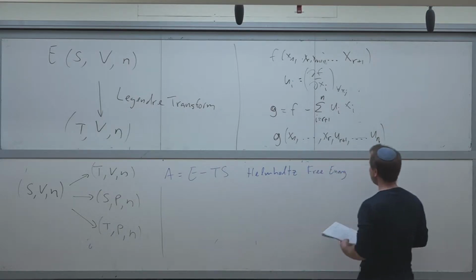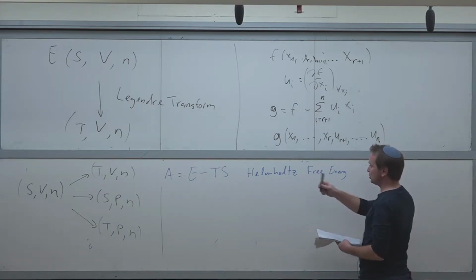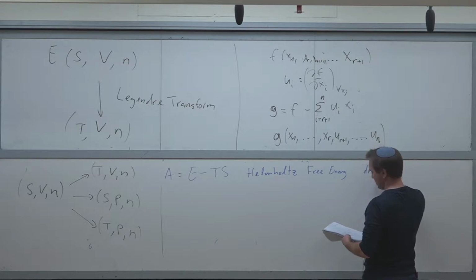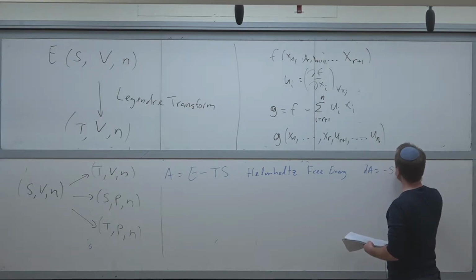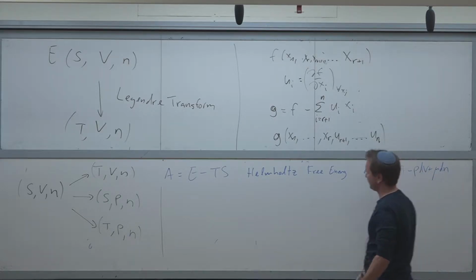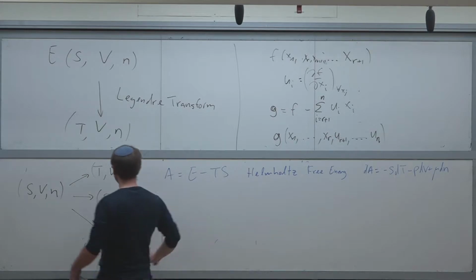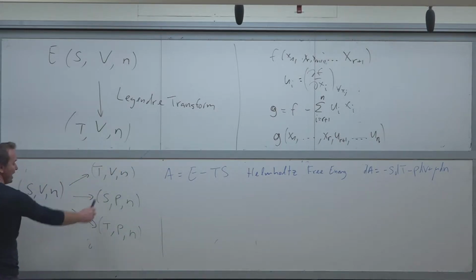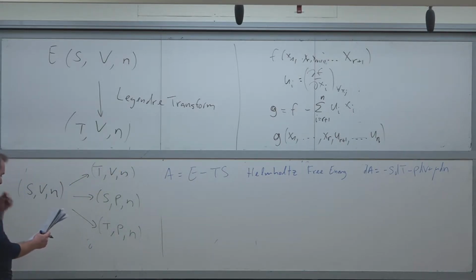Okay. If we would like to compute the differential of A, dA equals minus S dT minus P dV plus mu dN. The transformation from S,V,N to S,P,N, it is enthalpy, right?